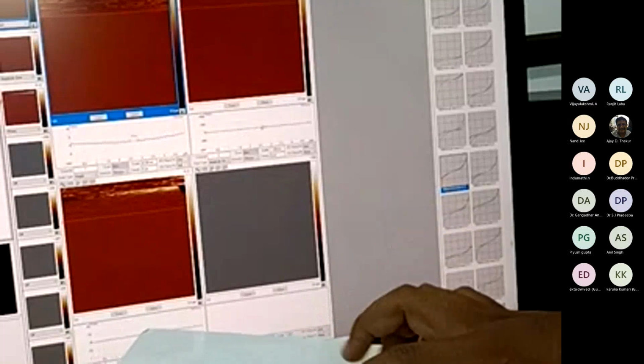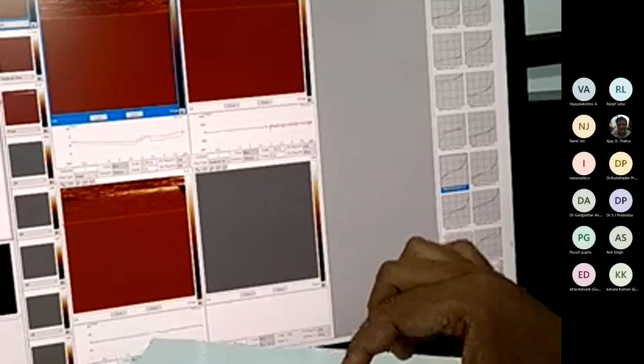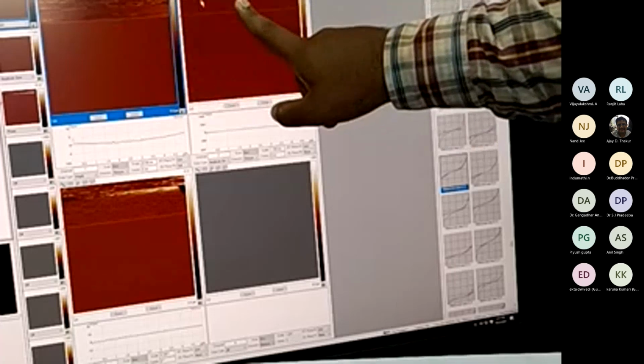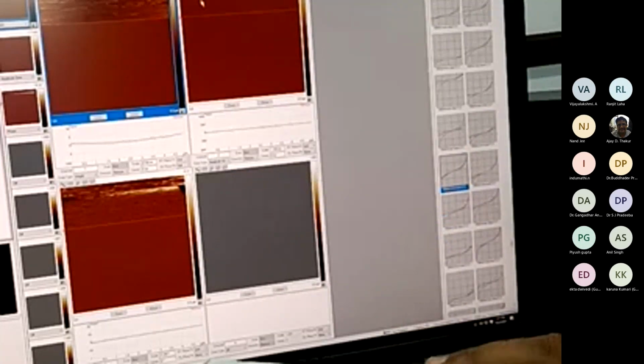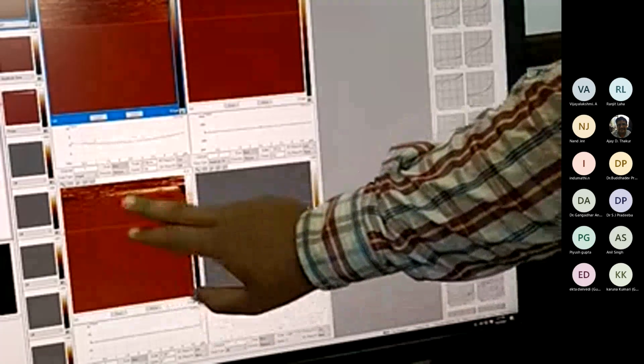There's a change in amplitude, and in order to keep the amplitude constant, it goes up, and that change of amplitude is plotted in this second image. This is height, this is amplitude, and this is phase. Corresponding to the change in amplitude, a change in phase is also observed, and that phase is plotted here in this one.